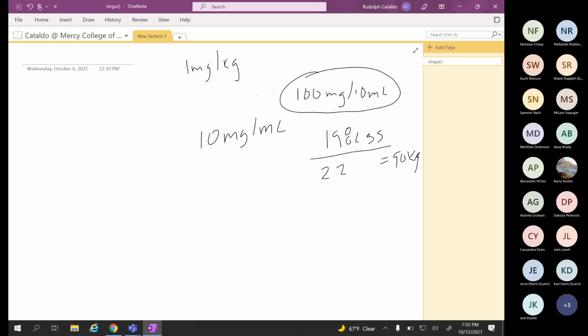So 90 divided by 10 equals 9 mLs. Okay. How many milligrams are contained in the amount of fluid given? If I give 9 mLs, how many milligrams is that? 90. Yeah. Pretty basic stuff, pretty easy. Nothing too crazy.